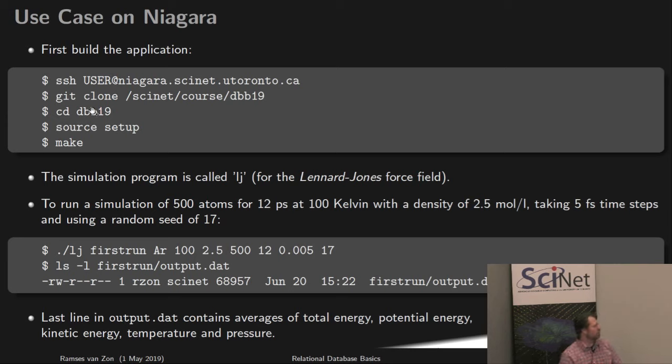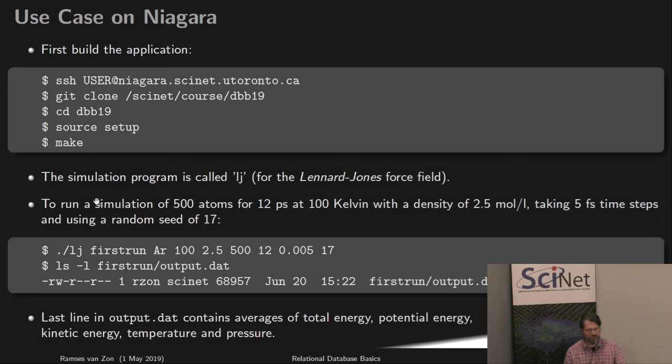And then there's a couple of modules that you will need to load to make everything work. They're all in a script. So if you source the setup script in the directory, it will basically just load the modules you need, and then you can make the application. The application that it builds is called LJ. And then maybe we should do it live in a second.